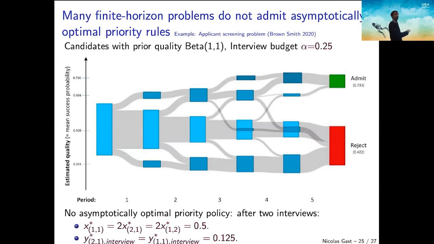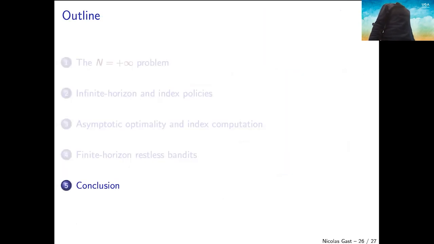And you can still construct policies that are asymptotically optimal, but they are not exponentially fast. The suboptimality gap is not exponentially small now. It's in square root of n, and you really can't help it here.